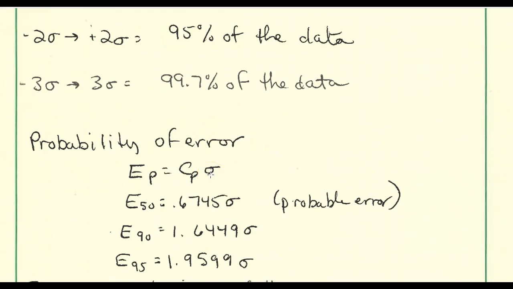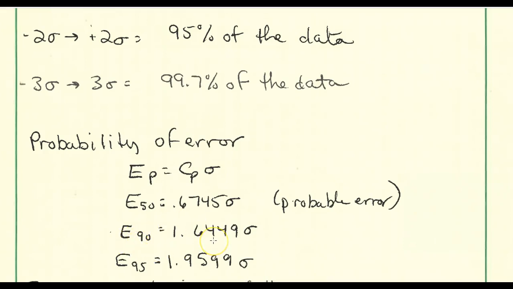So once again, we always have to find the standard deviation before we can do any of this other work. But the E50, or what's called the probable error, is 0.6745 times the standard deviation. That means that if you take the standard deviation and multiply it by 0.6745 and take that range above and below the mean, you'll have 50% of your data, or it means that you're 50% likely that the value that you've chosen is correct.